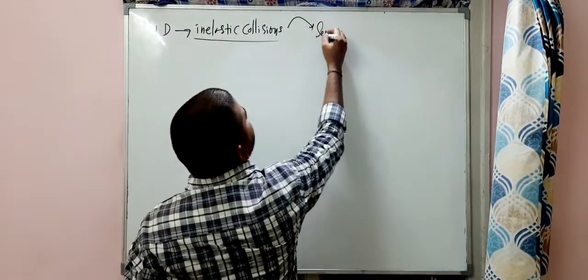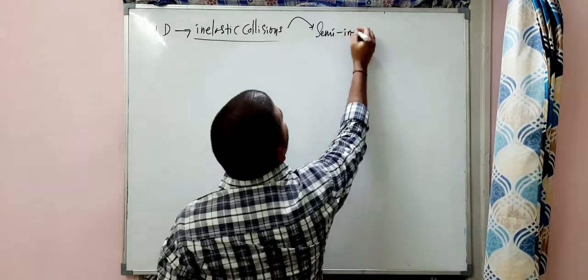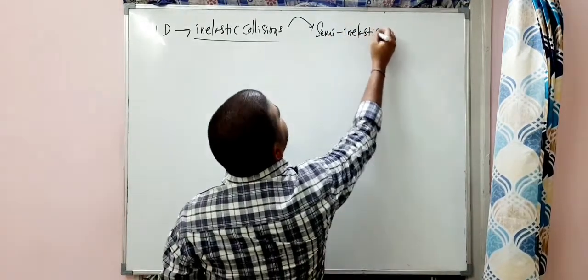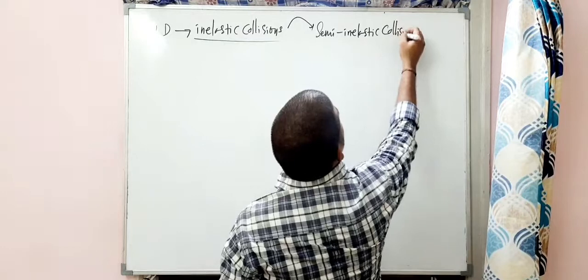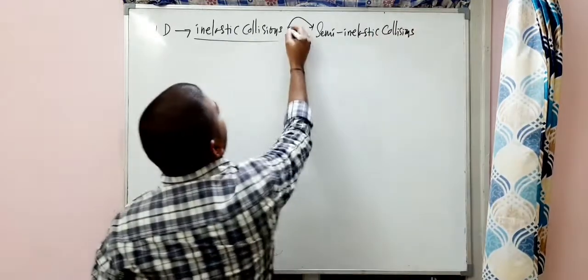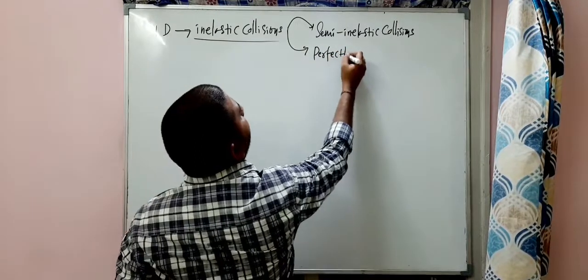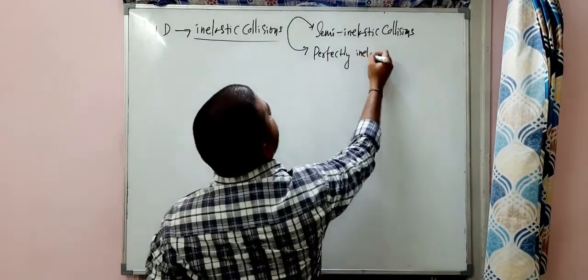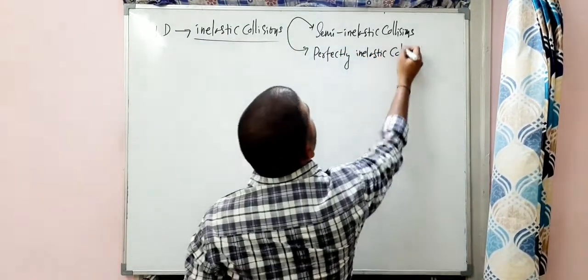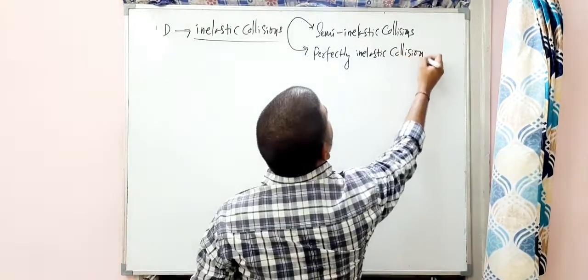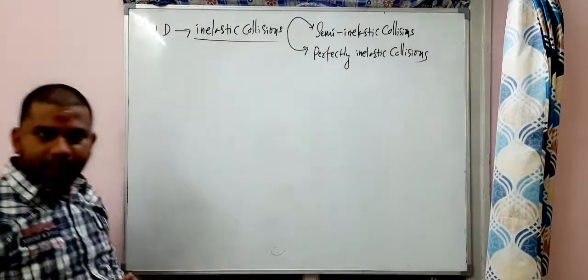Number one is semi-inelastic collisions, and the second one is perfectly inelastic collisions.